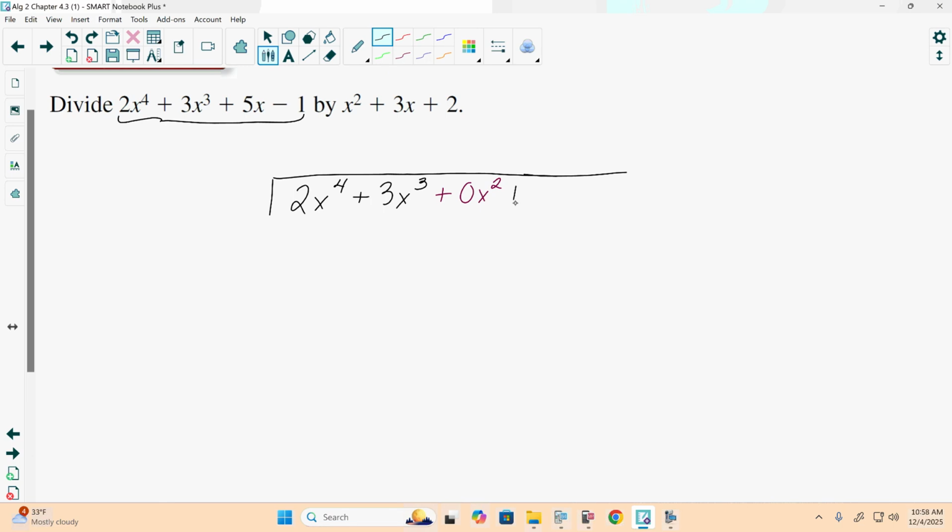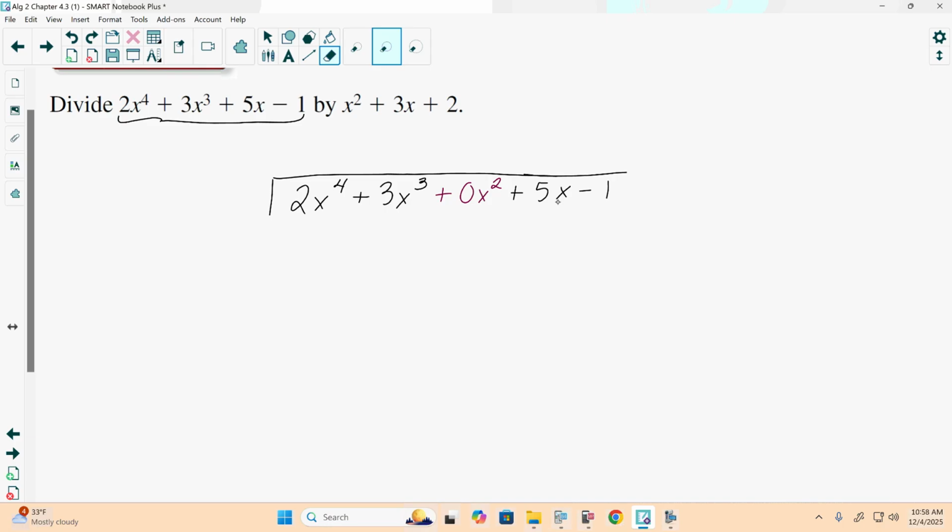We do have an x term, plus 5x minus 1. So anytime you're missing a term, we're going to fill it in as 0 times that term. The number of terms will be one more than the degree.